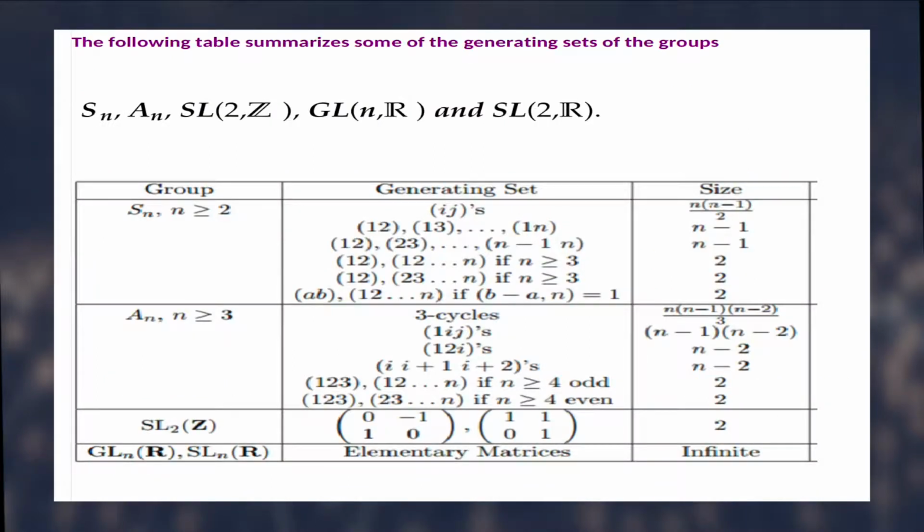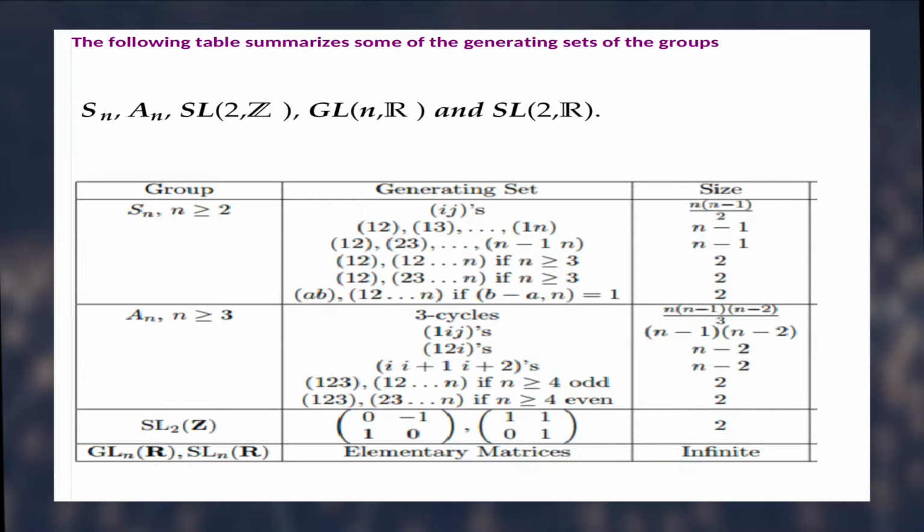The following table summarizes some of the generating sets of the groups S_n, A_n, SL(2, Z) (integers), GL(n, R) and SL(n, R) (real numbers). See this table, it is categorized as group, generating set and size.